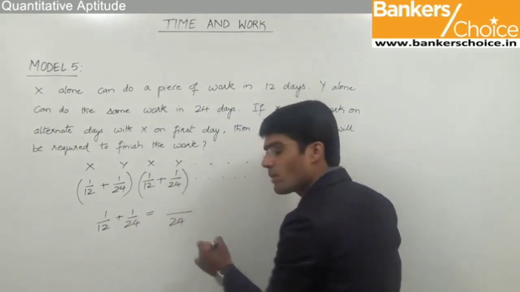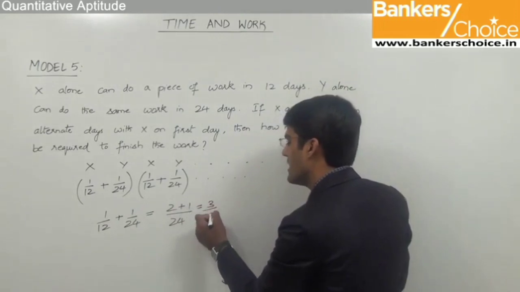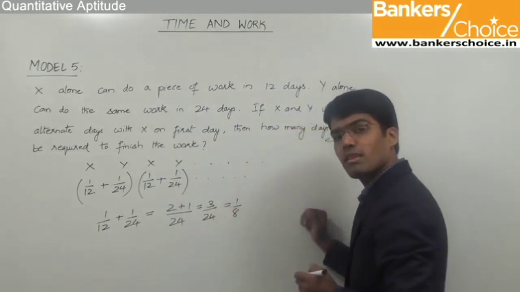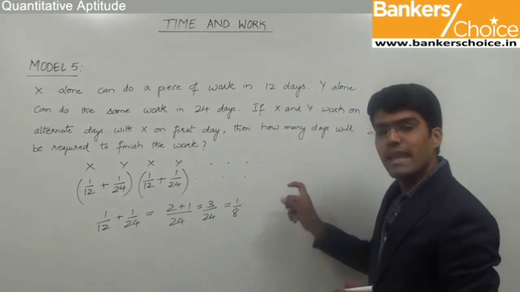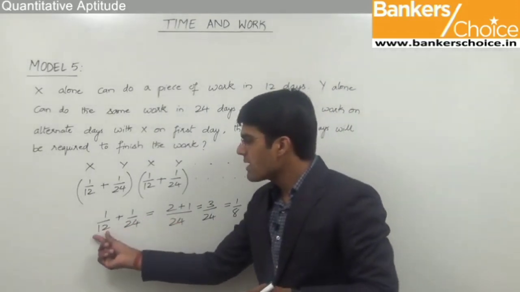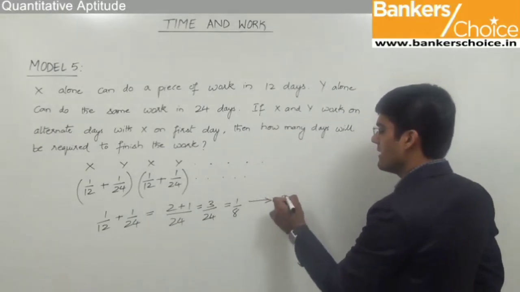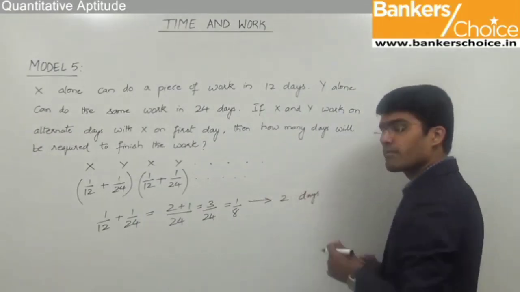If you take 24 as LCM here, 12 goes 2 times and 24 once. So this is 3 by 24, which is 1 by 8. So very clearly 1 by 8 of the work is over in 2 days, because the first day's work is 1 by 12, second day's work is 1 by 24. So 1 by 8 is done in 2 days.